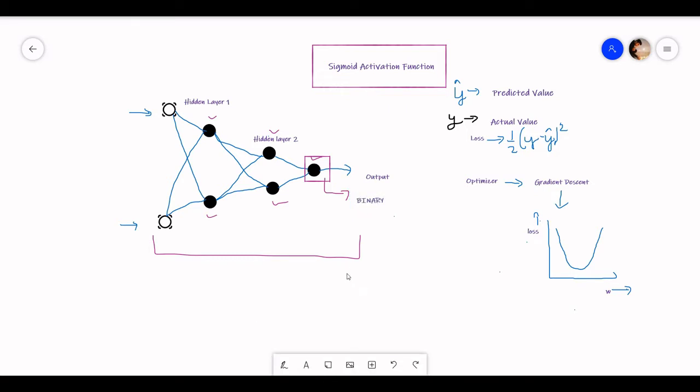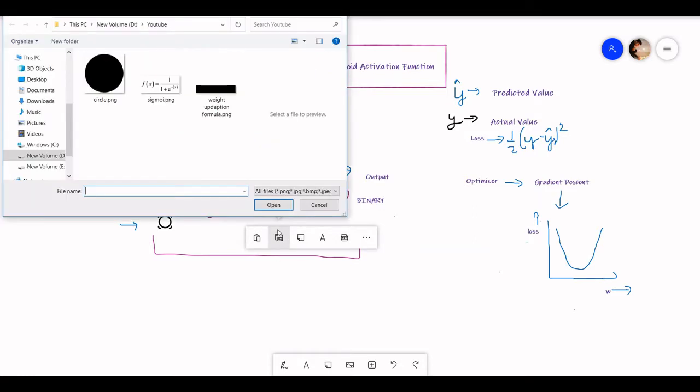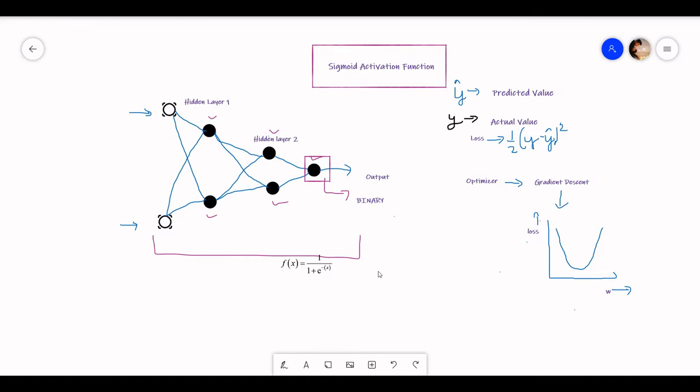After this, we also have some problems with the sigmoid activation function. In this video, we will see what the sigmoid activation is and what the problem with the sigmoid activation function is. Remember, our sigmoid function formula is something like this.